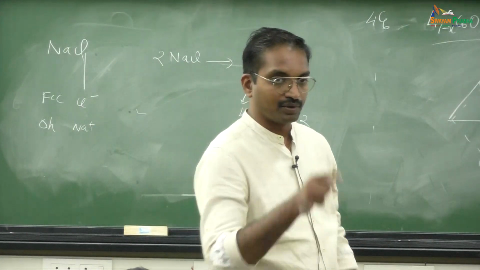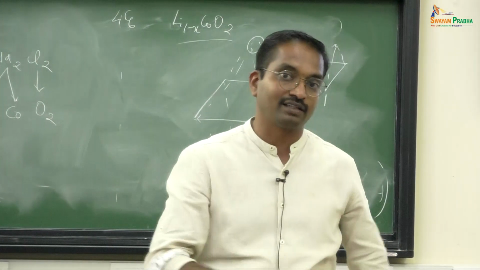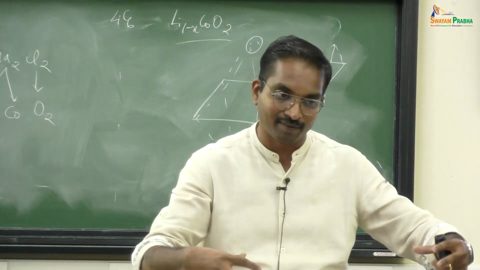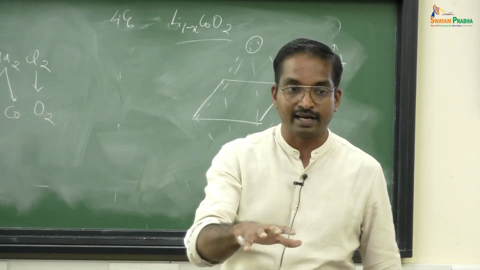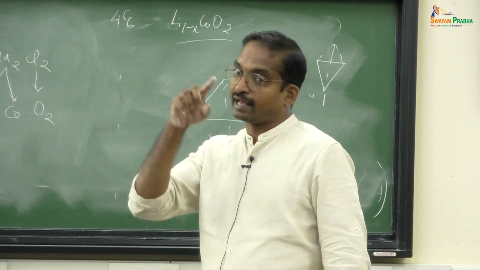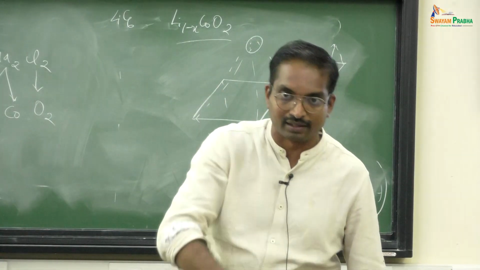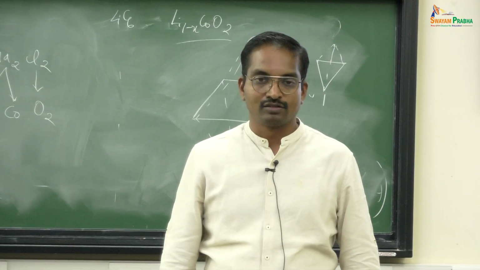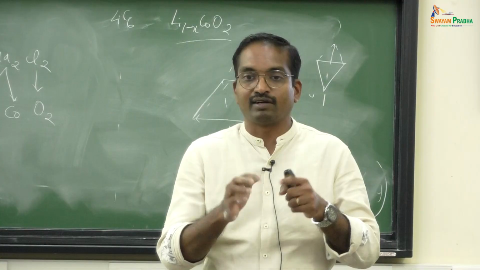But if you want to enter an octahedral void, you have to go through a tetrahedral void, because the tetrahedra are surrounding the octahedra. That means when you are pushing a lithium ion inside, it has to go through the triangle of the tetrahedral void and then enter the octahedral void. The triangular face of a tetrahedral void is very small.